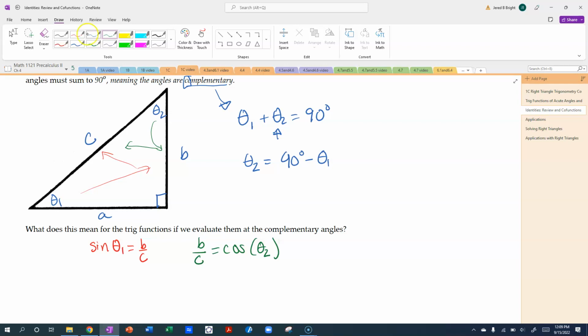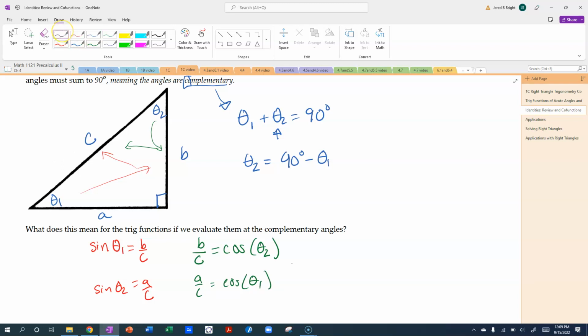You could also reverse these. So if you do sine of theta 2, that is going to equal a over c, which is the same as cosine of theta 1. Okay, that's neat.